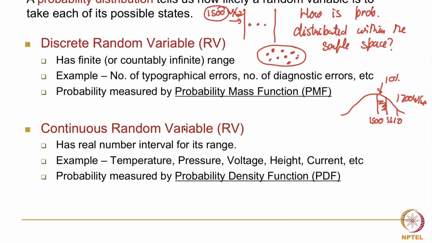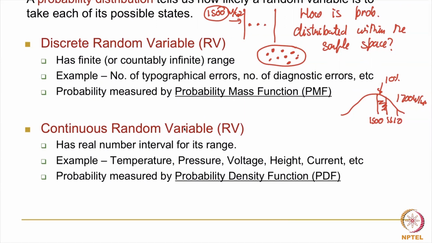Finite is, for example, the number of typographical errors in a page: how many spelling errors or grammar errors I might have made within this page. How many errors did a doctor make? How many times did it rain last month? All these are discrete random variables. All of you understand what discrete is. What I mean by countably infinite is, for example, how many stars there are in the universe.